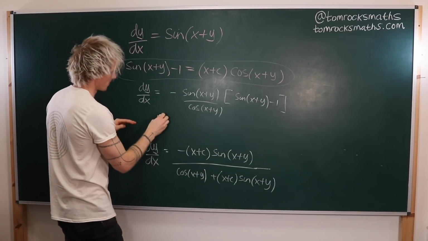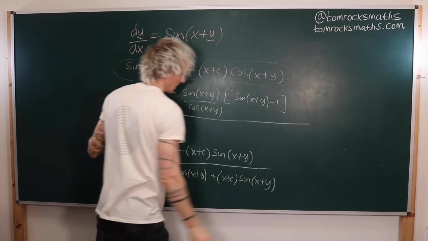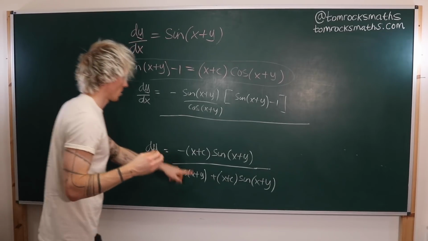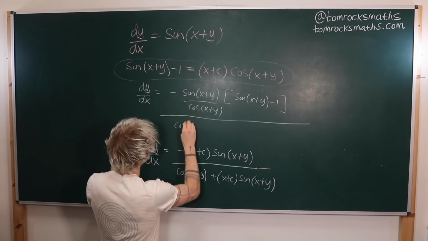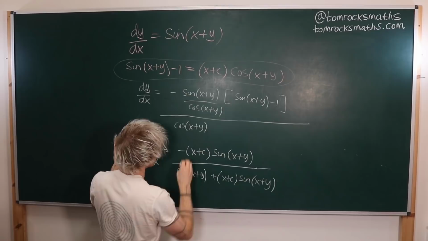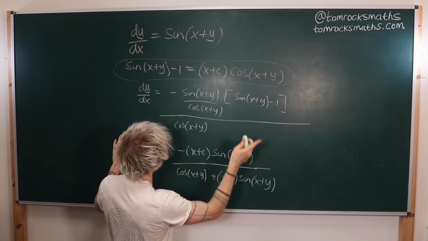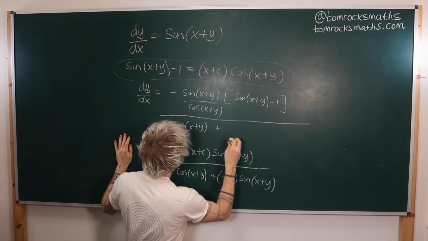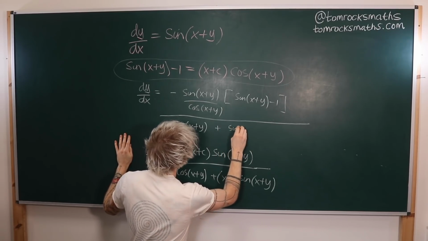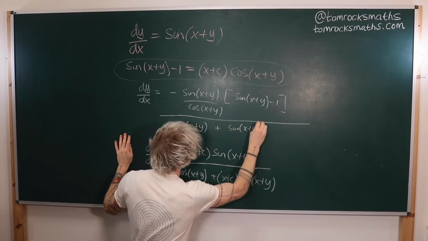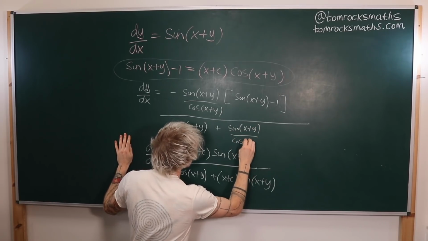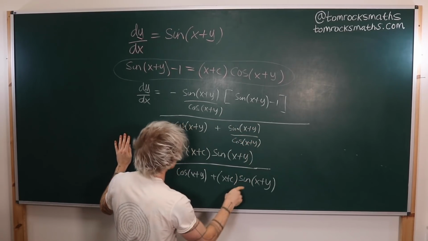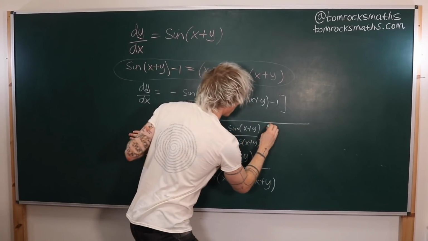And then on the bottom, I'm going to have the cos term here, and then the x plus c is going to be similar to the above, so I've got plus the sine term, that's going to be divided by the cos term, and then multiplied by this sine of x plus y minus 1.